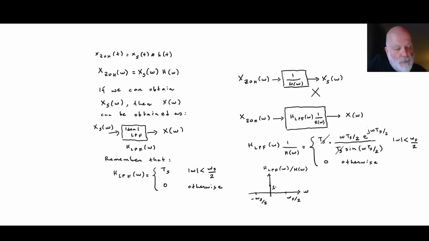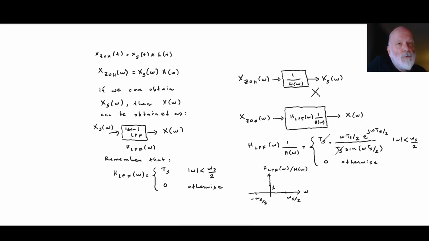Now when omega is equal to omega s over 2, we have in the denominator sine pi over 2, which is equal to 1, and here we have pi over 2.